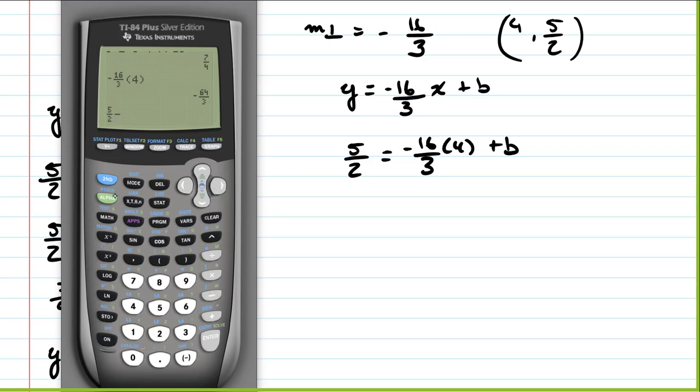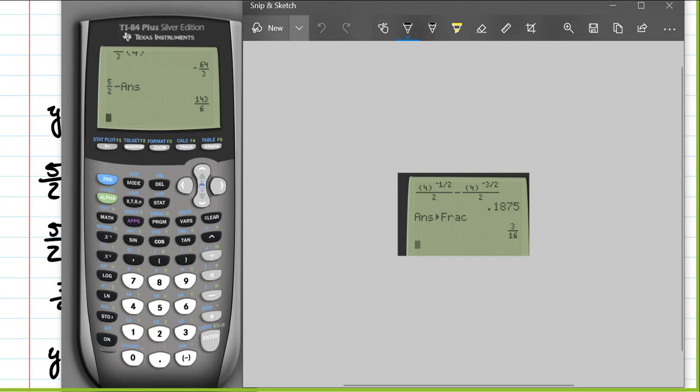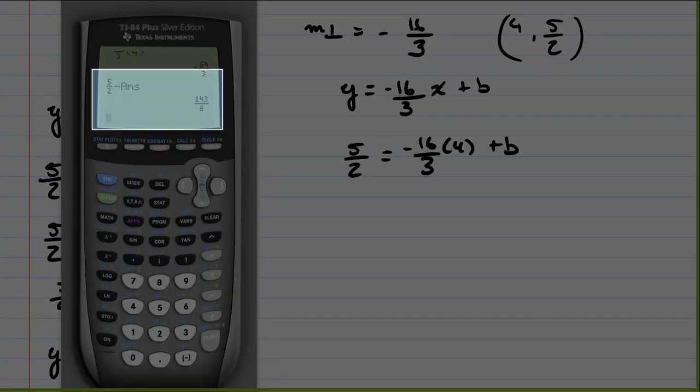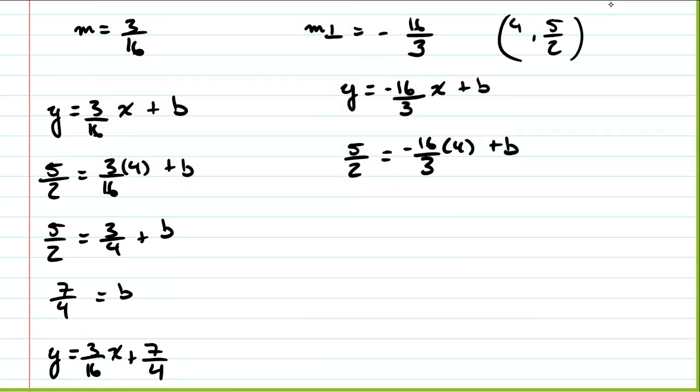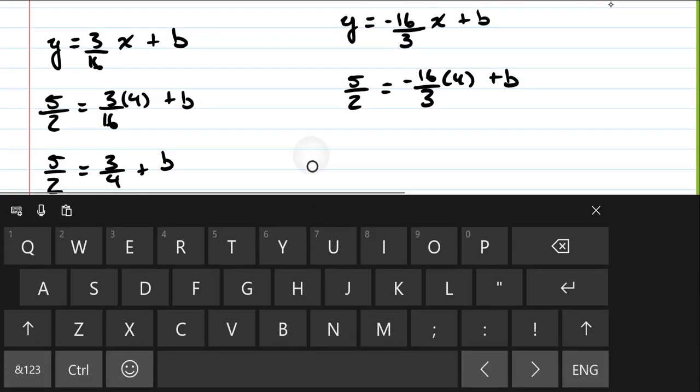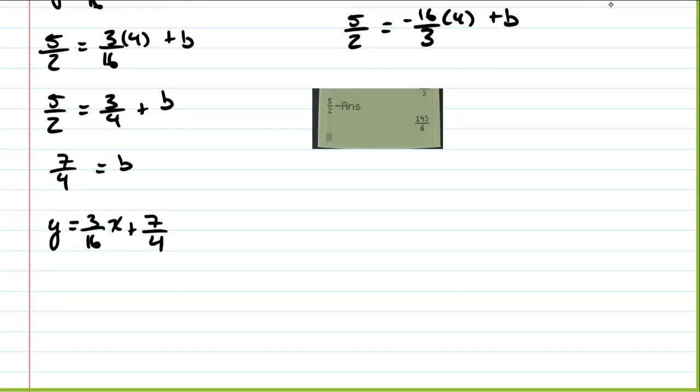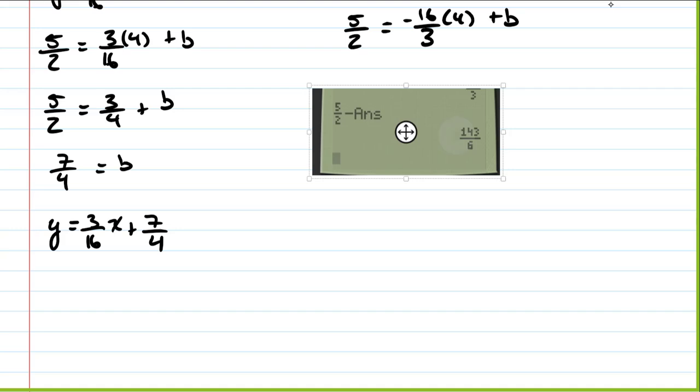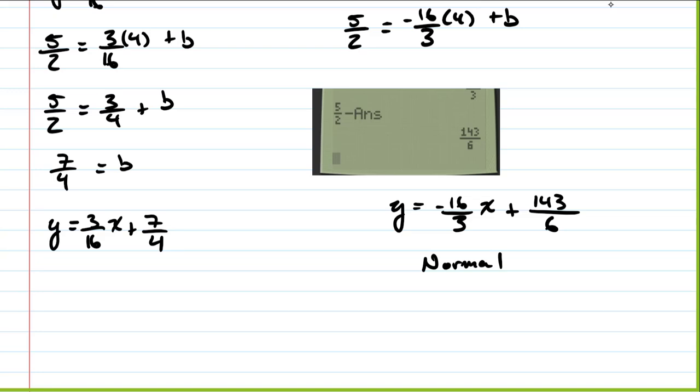Subtract, and to get our answer from the previous line, you press second and the negative key down here. We don't have to type things out, and it subtracts for us, and we end up with our b value. And then we have y equals negative 16/3x plus 143/6. And that's our normal line, and that one's our tangent line.